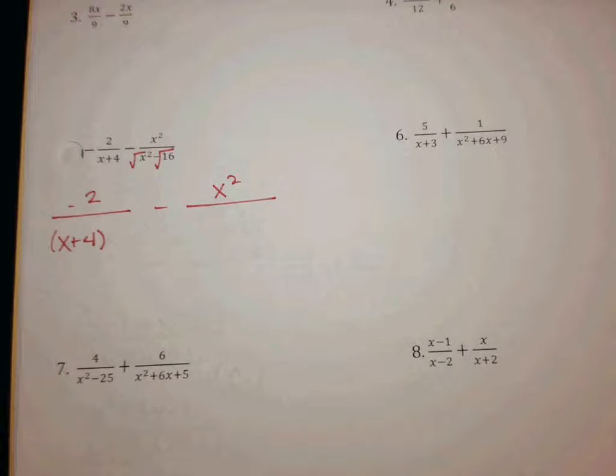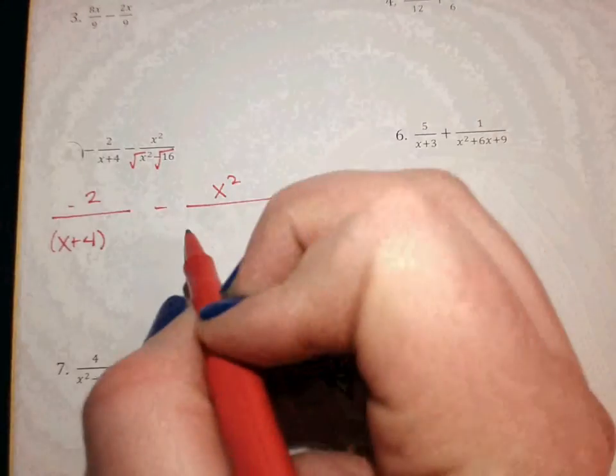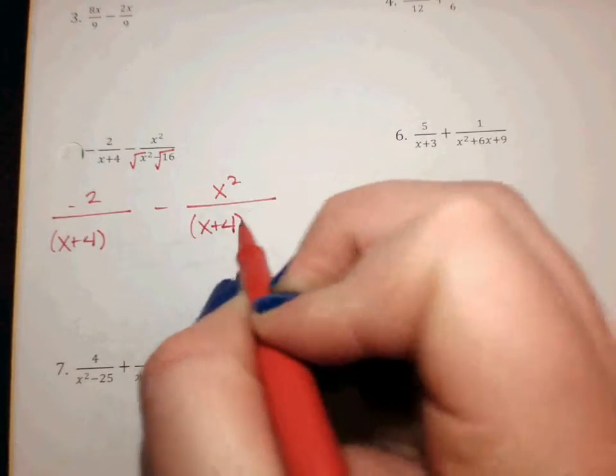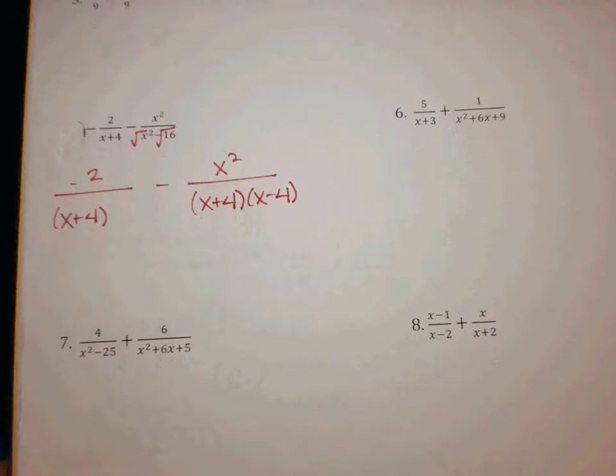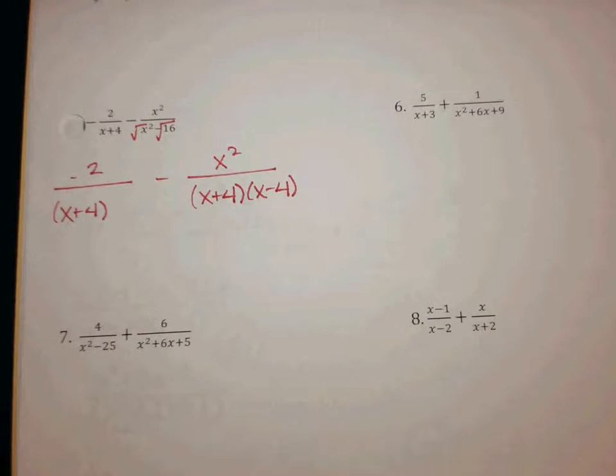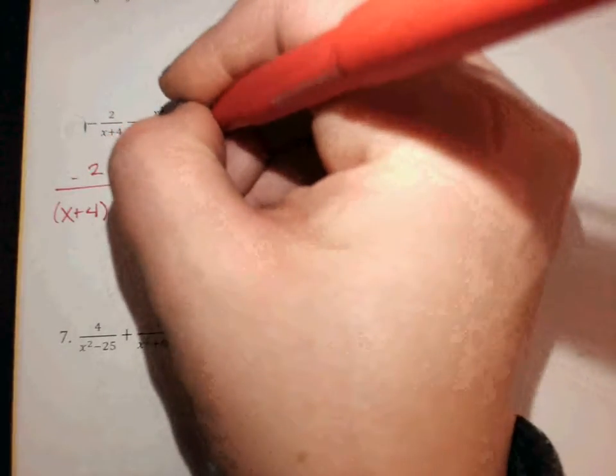So if it's x squared minus 16, that's a difference of perfect squares. So you'll have x plus and minus 4. Okay, so that one was perfect squares on the bottom.